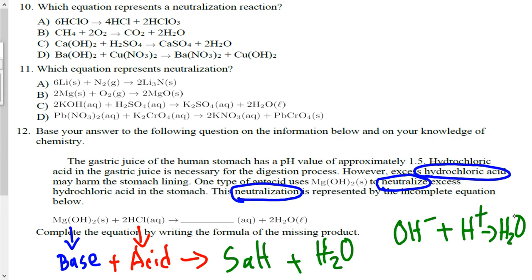So why don't we eliminate all the hydroxide that we have from the base, and why don't we eliminate all the hydrogen ions from the acid? So now you'll realize that we have magnesium and we have chlorine.